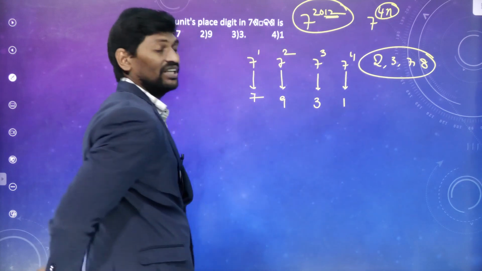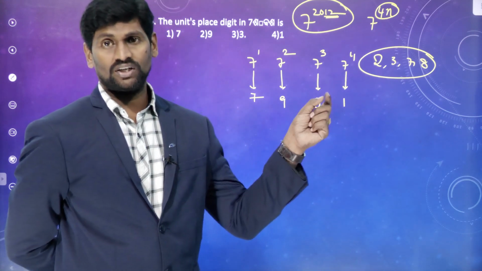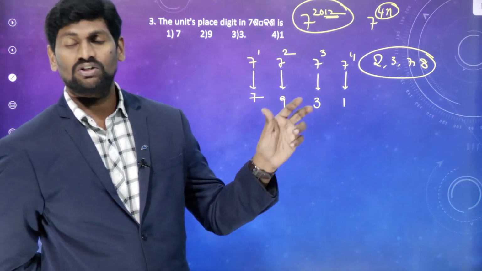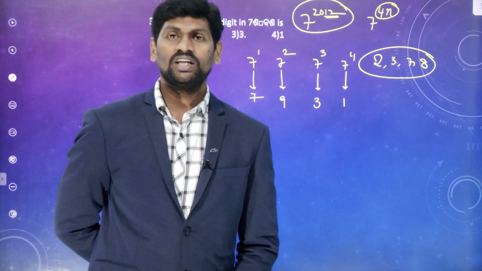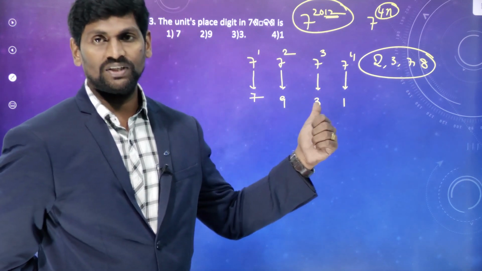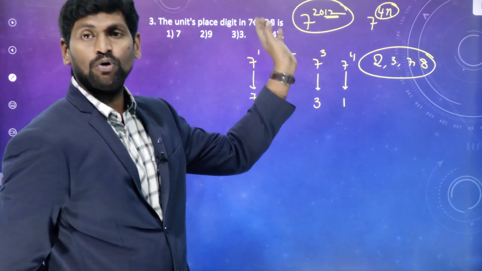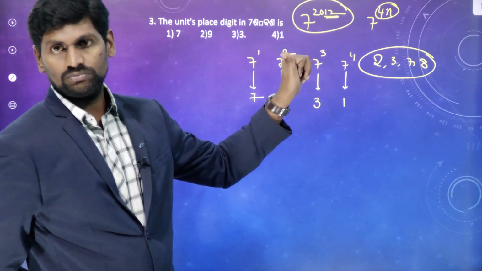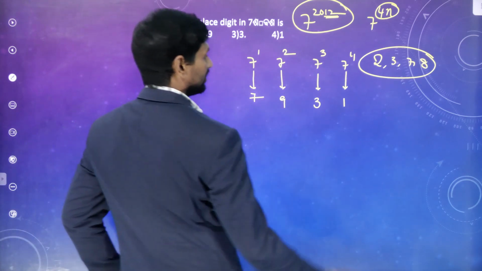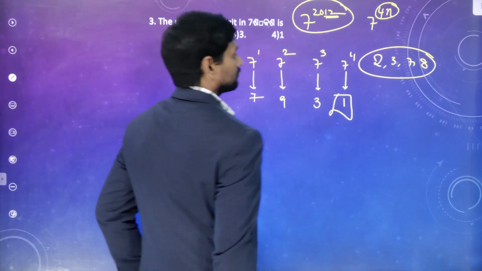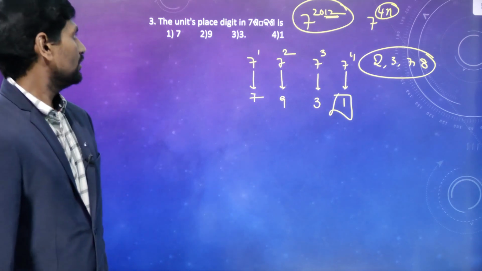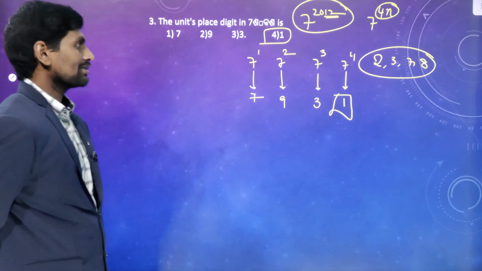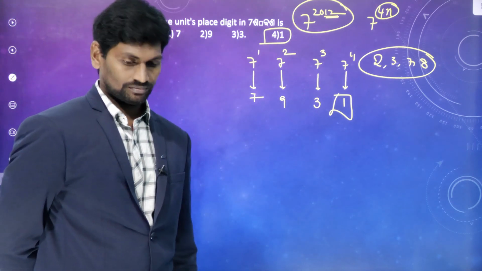We discussed the rule of 4 already: if the last two digits are multiples of 4 or zeros, then the entire number is divisible by 4. That means it is not leaving any remainder. That means 4n plus 0, which is nothing but 4n plus 4. That means it is ending with the digit 1. The unit digit of this number is 1.